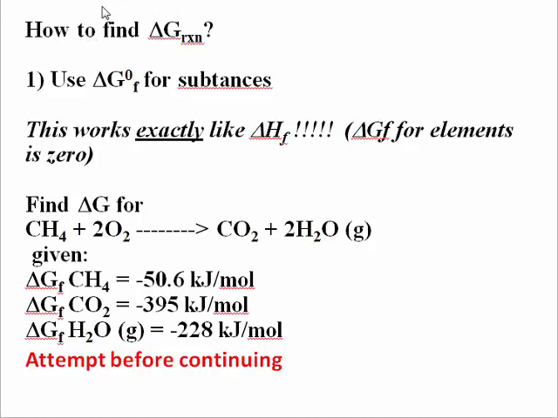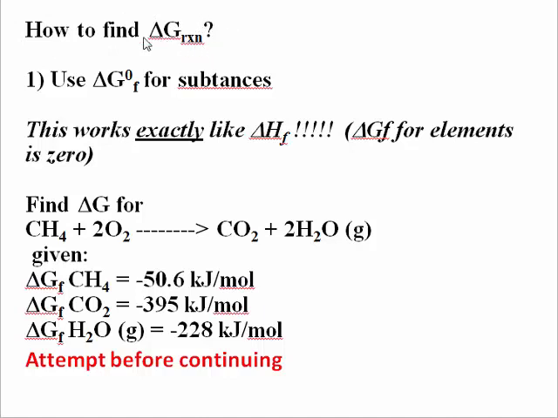As I say, if you want to know more prosaically, if you want to know if a certain reaction can happen, you can find its delta G. If it's negative, it's spontaneous. At least from a point of view of thermodynamics, it's possible to get the reaction to go. Now, how can you find delta G for a chemical reaction?